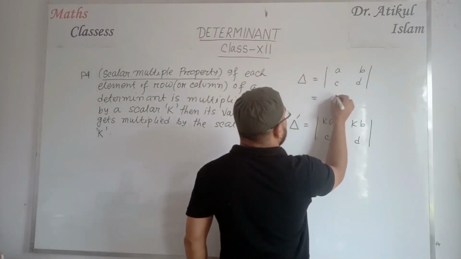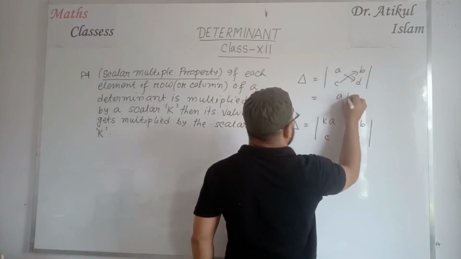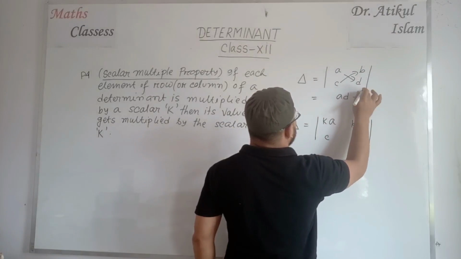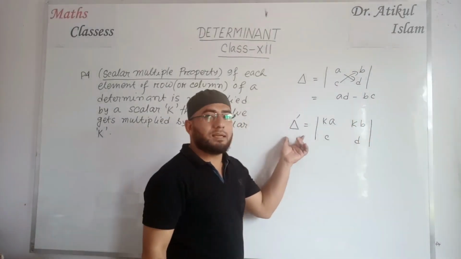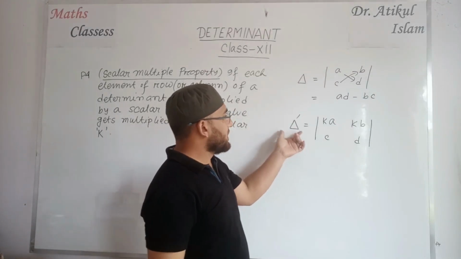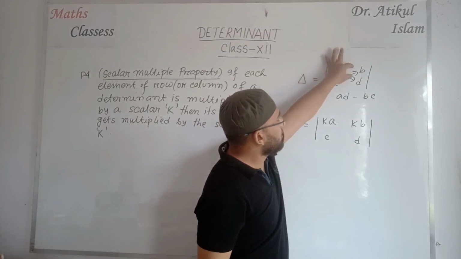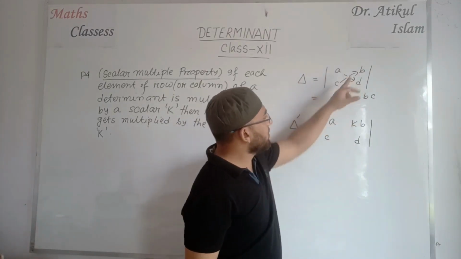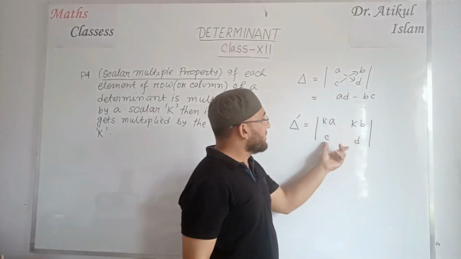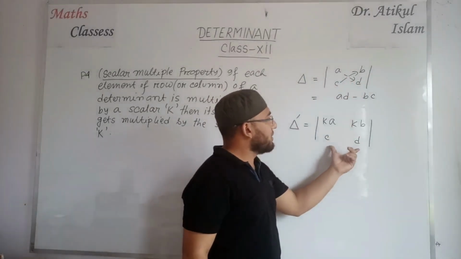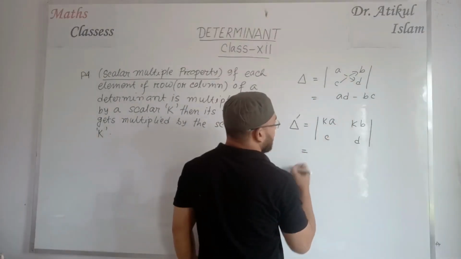So here this determinant value will be ad minus bc. Now make a determinant, say delta dash, by multiplying the first row by k. So here will be ka, kb, and keep the second row as it is. Now find the value of this determinant.